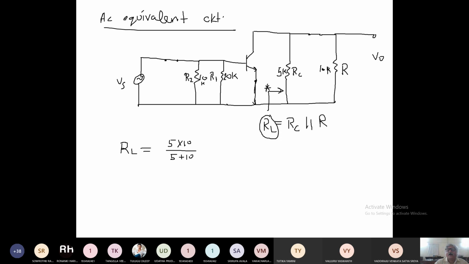Because RC and R are in parallel. This is in K. If we solve this, how much are we getting? 10 into 5 is 50 divided by 15. So it is 3.3 K. So we now have the load resistance RL as 3.3 K, right?